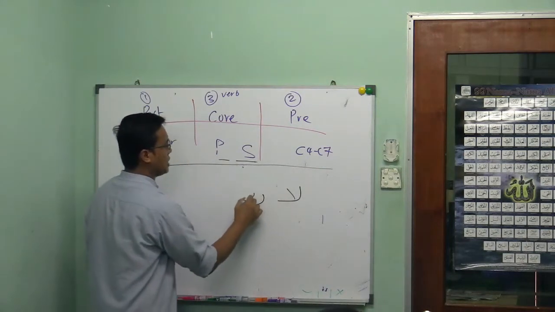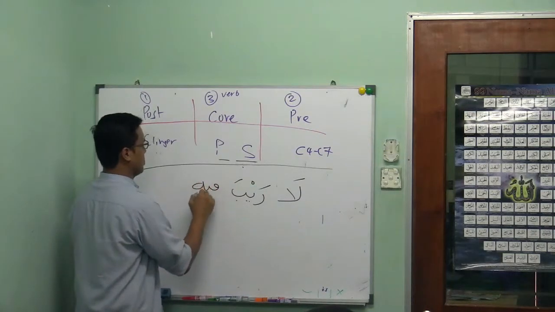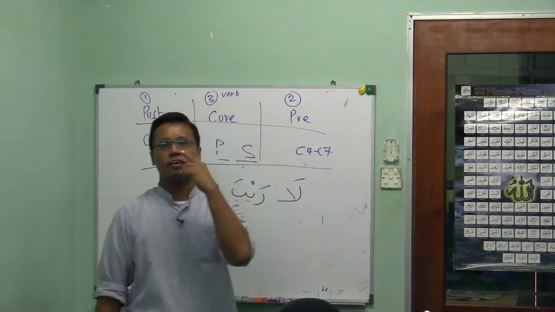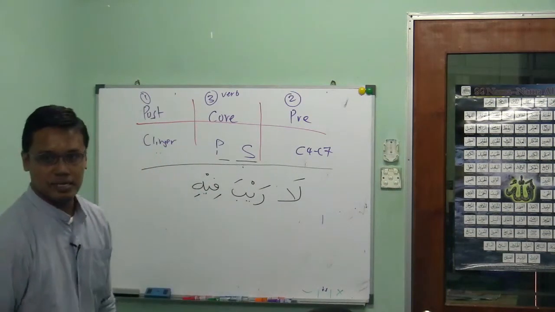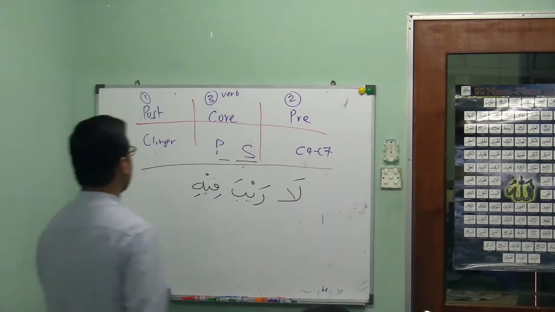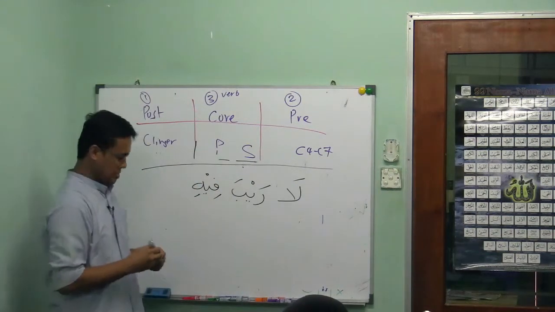La raiba fihi. La raiba fihi. This one, I think traditionally you will need 1 year to hack this. So, I'll show you how to hack this in 1 minute. Okay? And because we have this framework, it's easy to hack this.